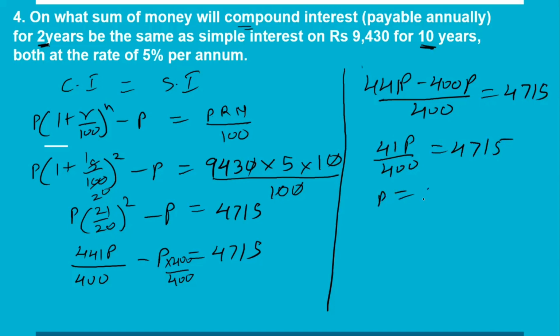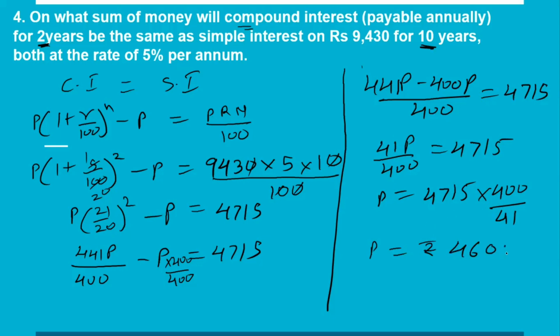So P is equal to 4,715 multiplied by 400 upon 41. You can directly divide it by 41. Dividing by 41 and simplifying this further, you get the principal to be rupees 46,000.